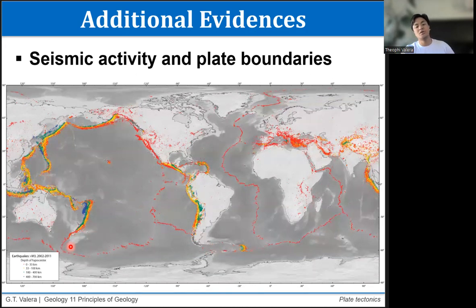So each dot here represents one earthquake event. And as you can see, the earthquakes throughout the world are actually not randomly oriented. Although it may feel that lahat ng or buong mundo experiences earthquakes because of the news, it's actually located in only a very few areas of the world.